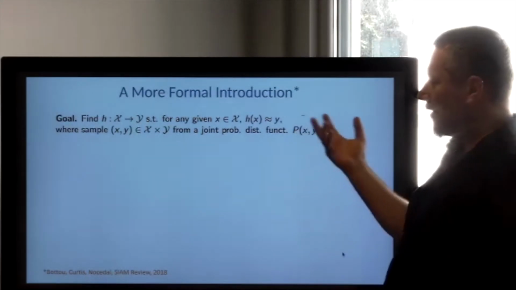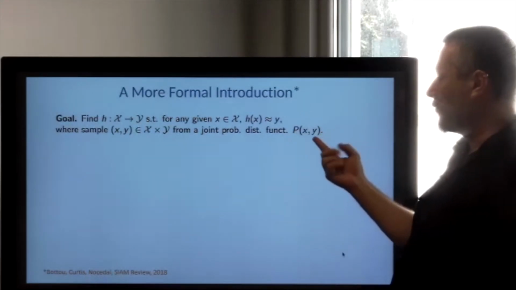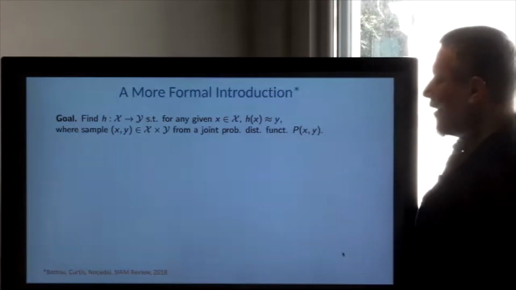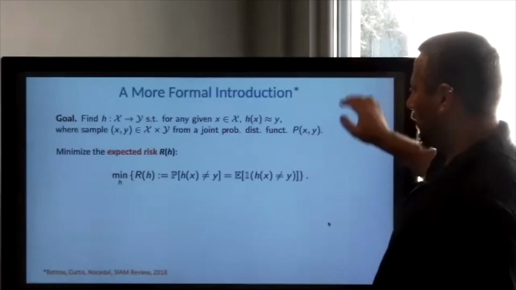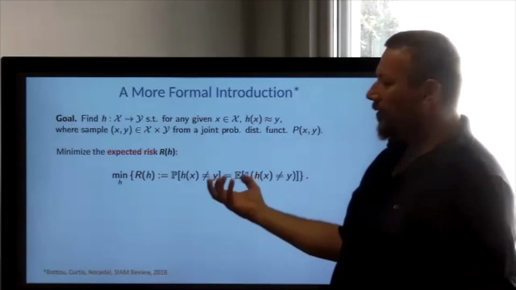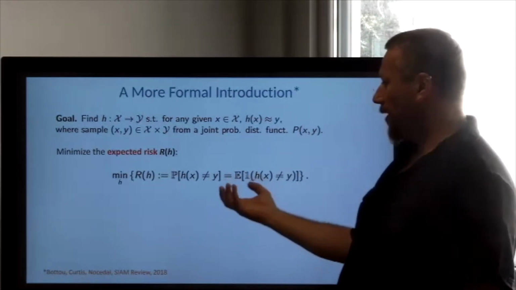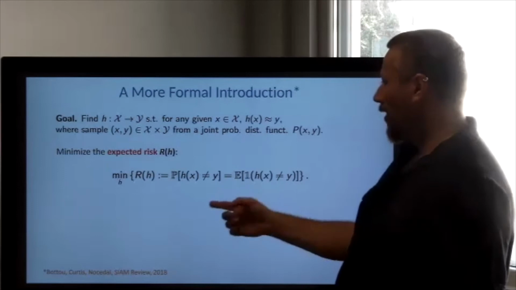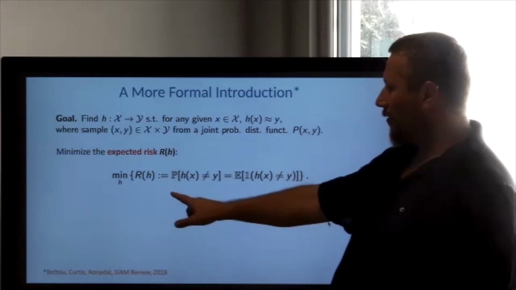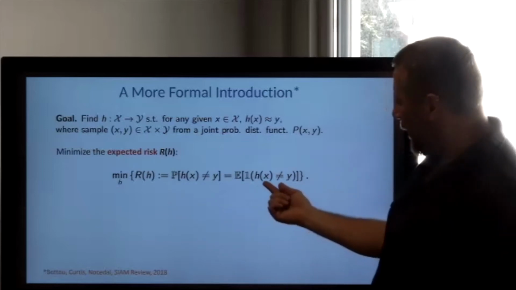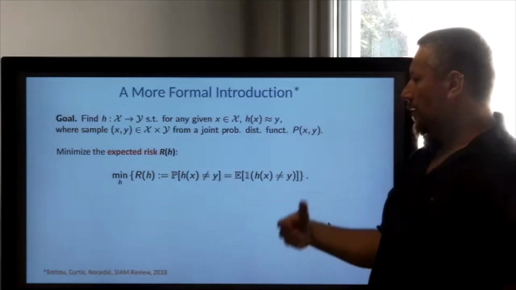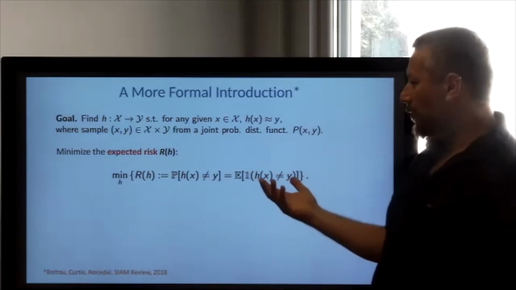The problem with this is that most of the time we don't know what this probability distribution is. This is the problem that we really want to solve. We want to find the minimum of this expected risk, which is the expected value of this function, or the probability of h not equal to y.